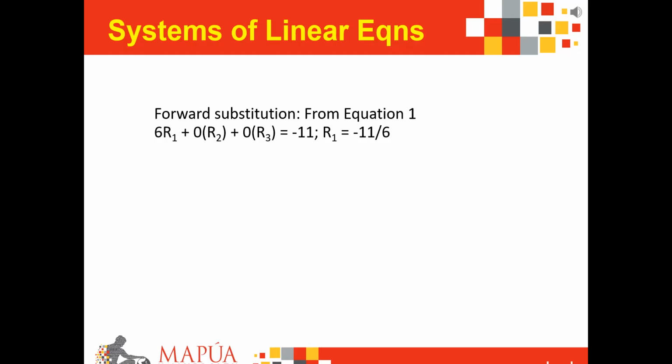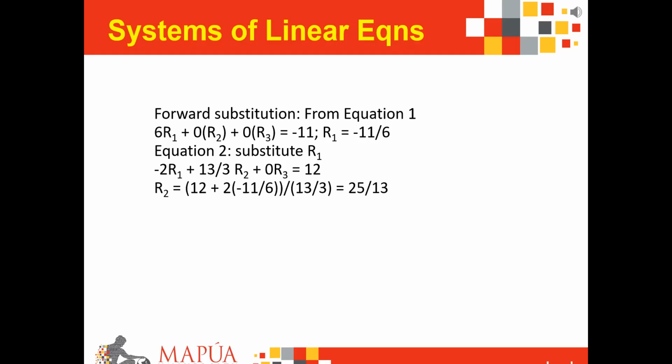We then substitute R1 to equation 2, which is given to be negative 2R1 plus 13 over 3 R2 plus 0R3 is equal to 12. Upon doing so, we could now solve for R2 since we already know R1, giving us an R2 value of 25 over 13.